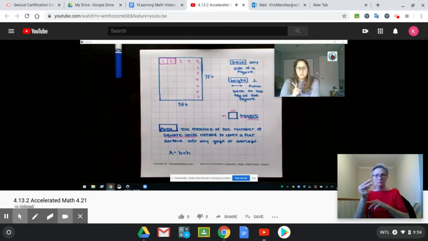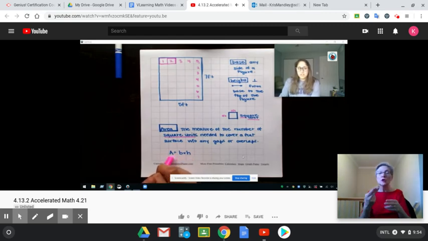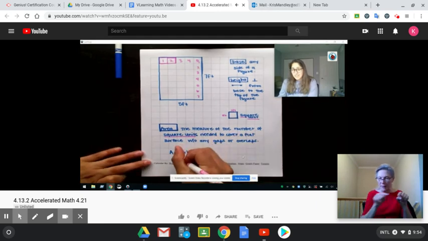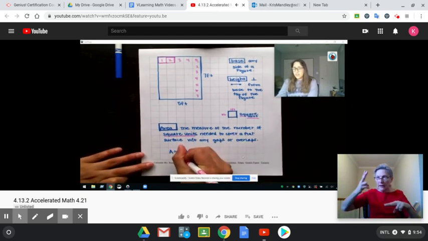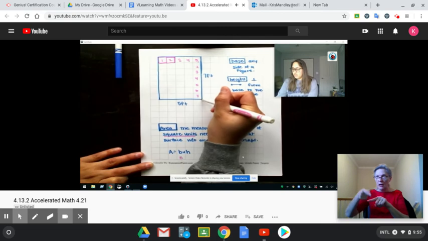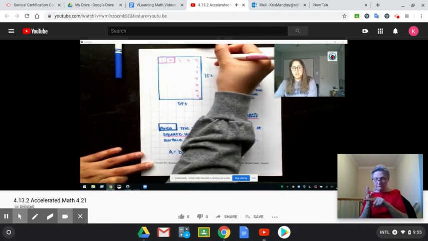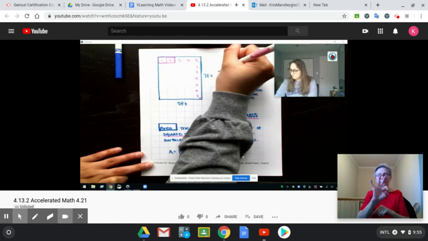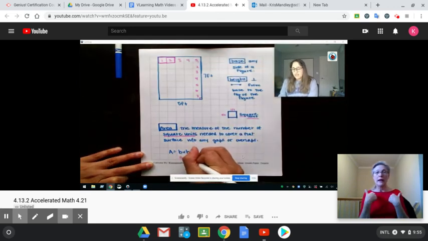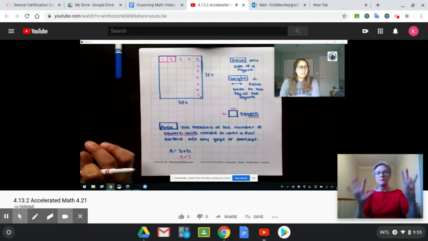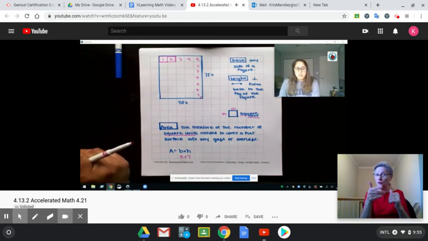So what you're going to notice here is that you can use a formula to find area. We can do base times height, right? In this case, our base is 5 feet, and our height, that perpendicular line from the bottom of our figure to the top of our figure, is 7 feet. So we can have 5 times 7. 5 times 7, you should know already.